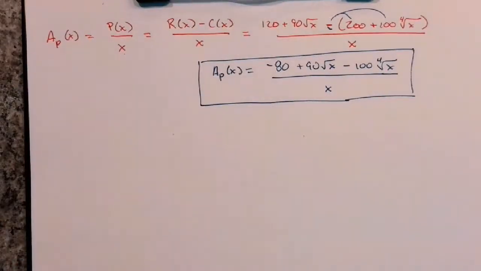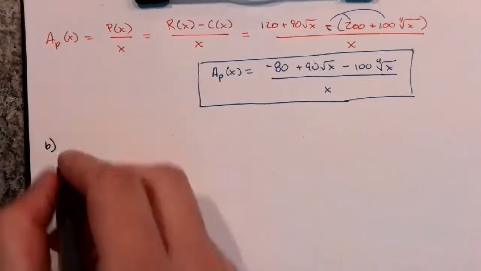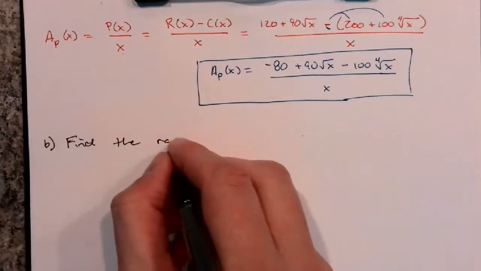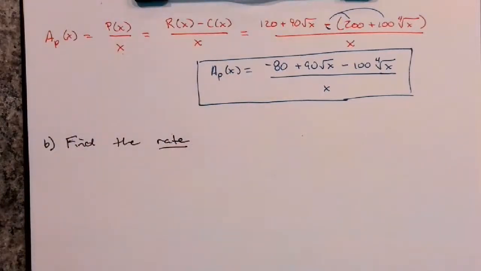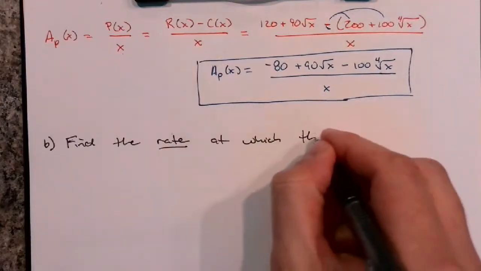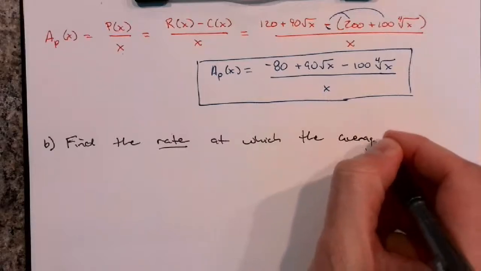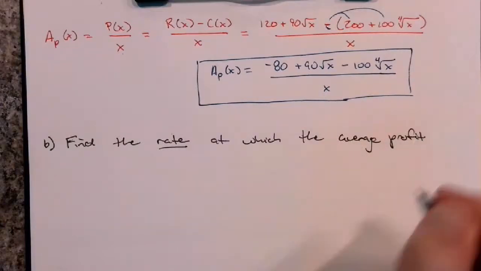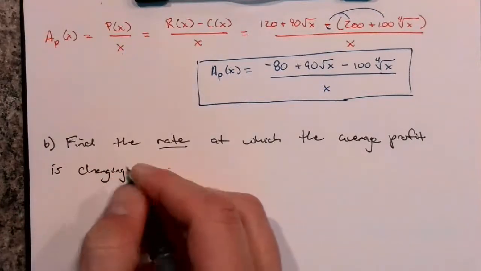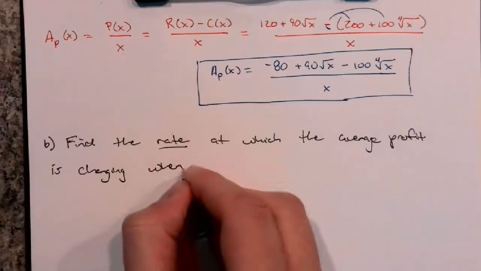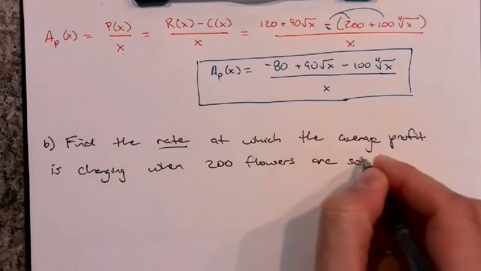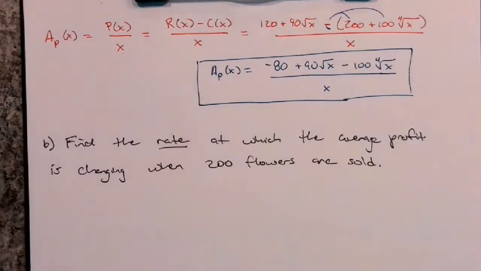If I said for part B, find the rate at which the average profit is changing when 200 flowers are sold. So a couple of things.